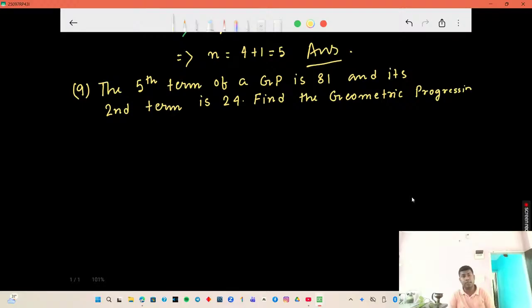Here the question is given as the fifth term of a GP is 81 and its second term is 24. Find the geometric progression. So can you please help me to solve this problem? And if you have any doubt, then you can definitely ask me in the chat box. I will solve your doubt positively.